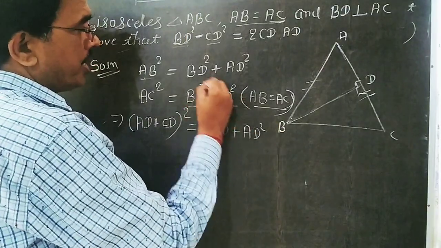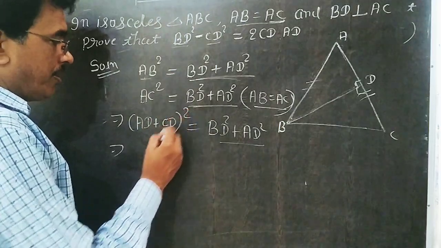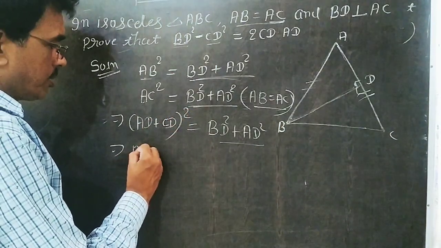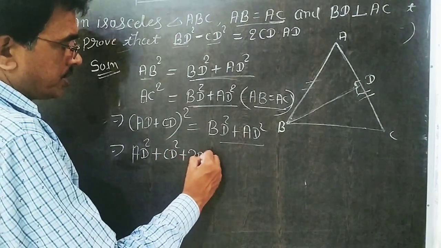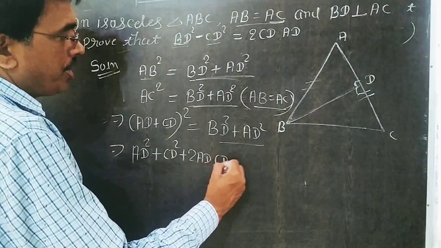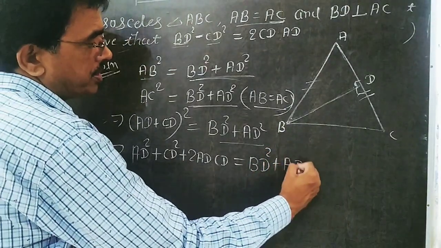Now it is (A plus B) whole square, so we write A square plus B square plus 2A into B is equal to BD square plus AD square.